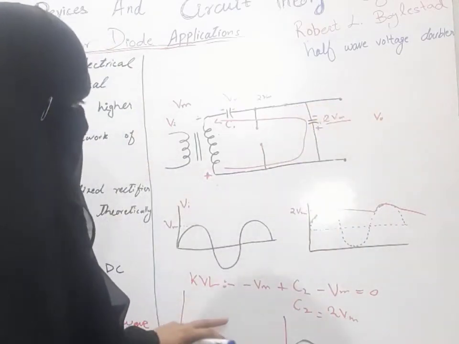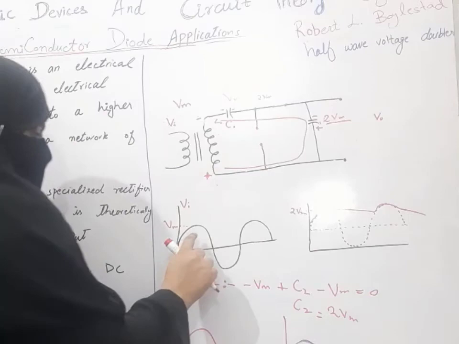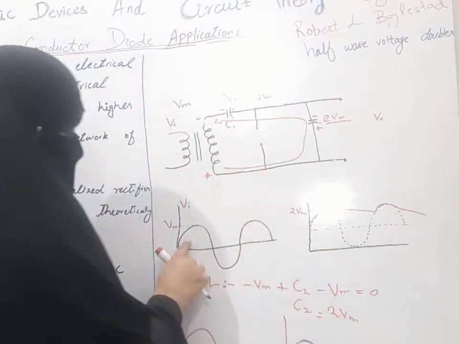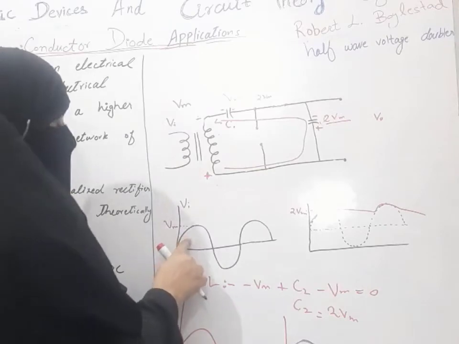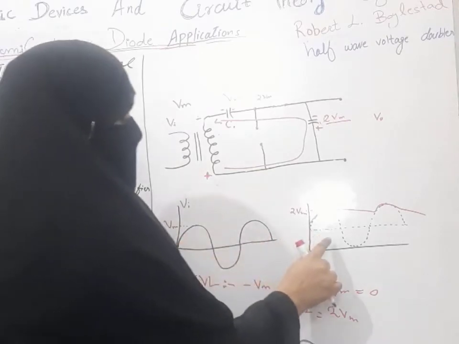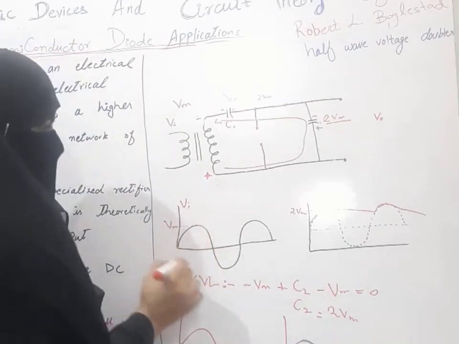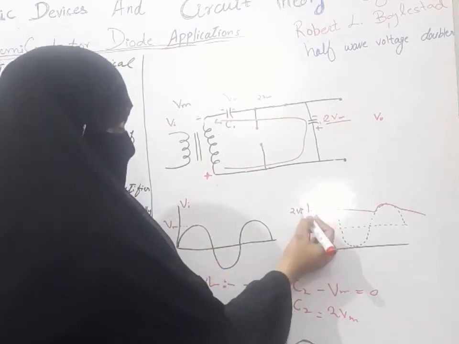So our multiplied output will be shown like this: this is our input and this is our output.